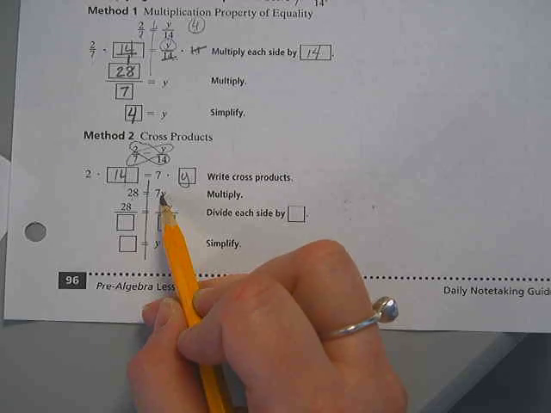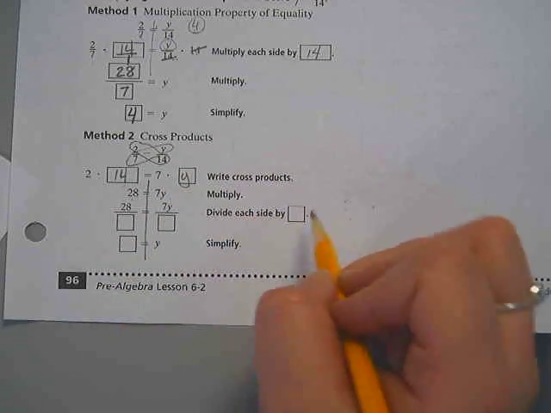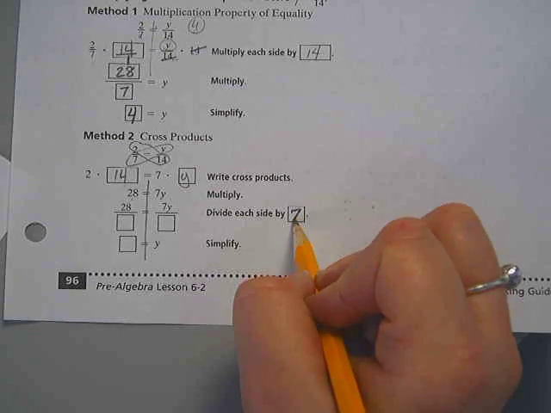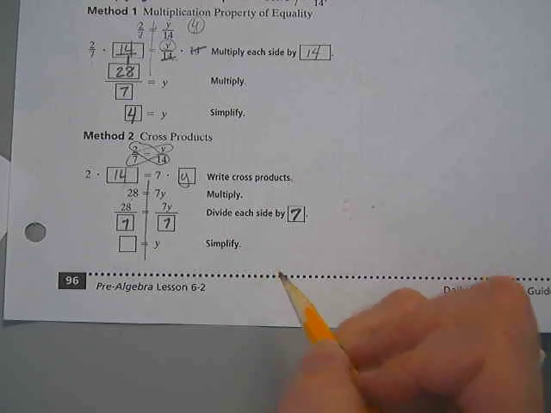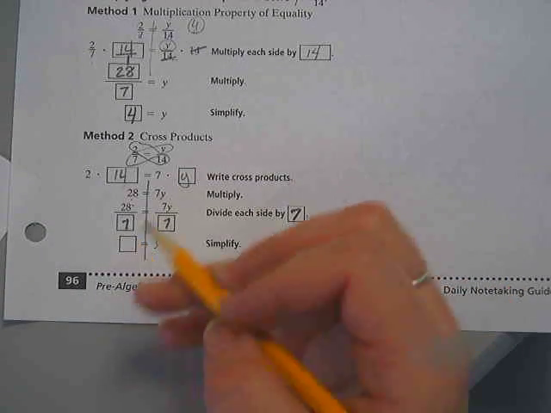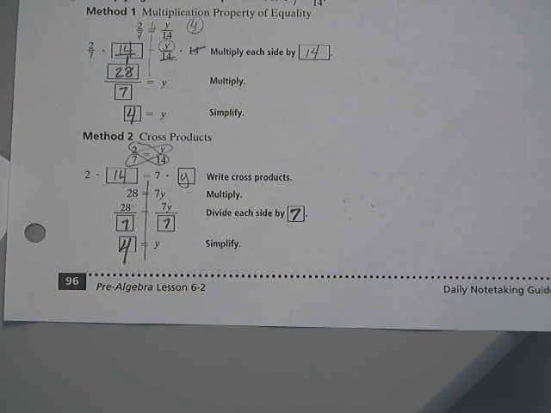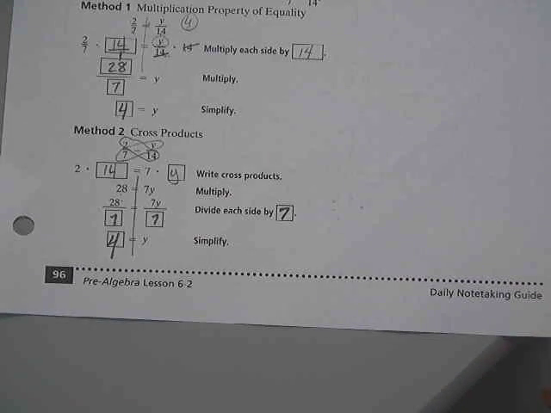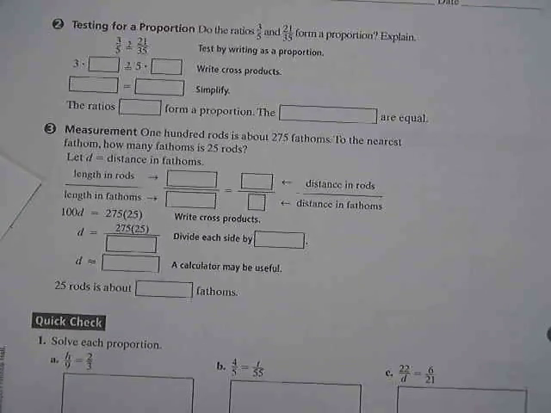So 28 has to equal 7y. This is where we do line down the equal sign. 7y. How do I get y by itself? Divide each side by 7. So 28 divided by 7 is, voila, 4. Is that what we wanted to get? It sure is.